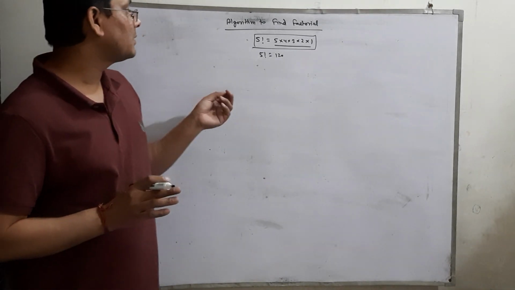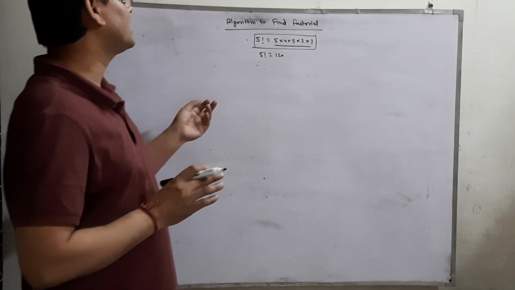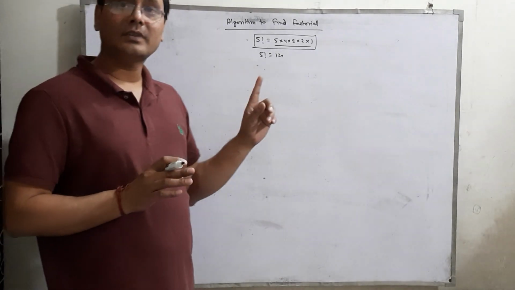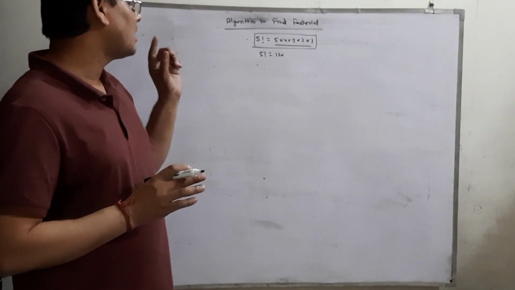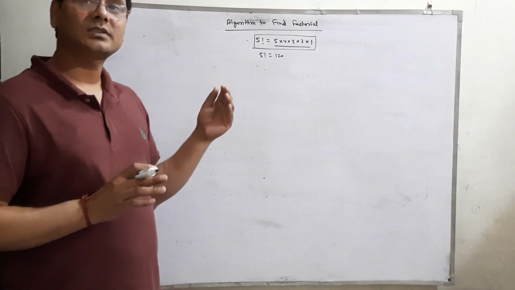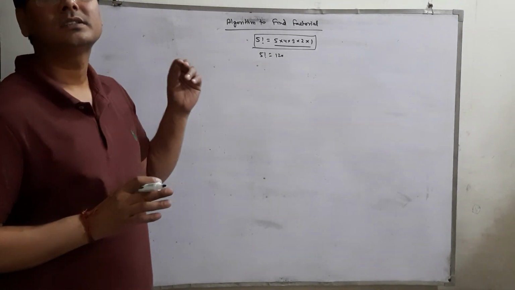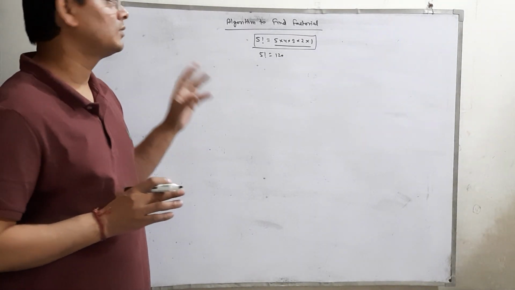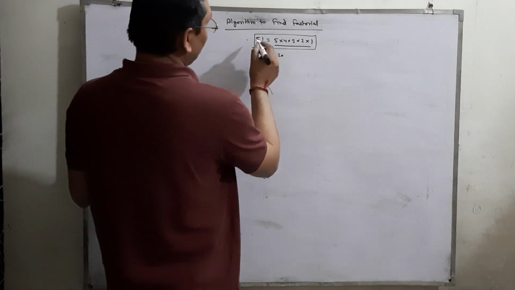So whenever you are going to multiply again and again, you must take a variable with 1, and whenever you want to add again and again, you must take a variable with 0.